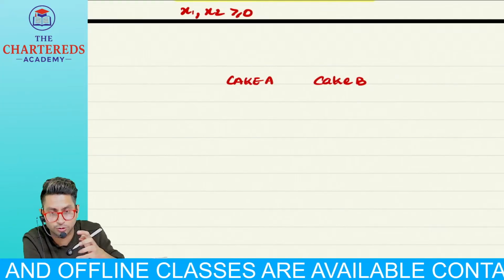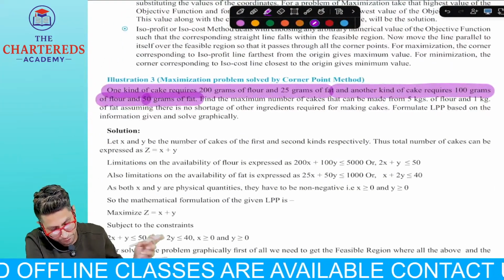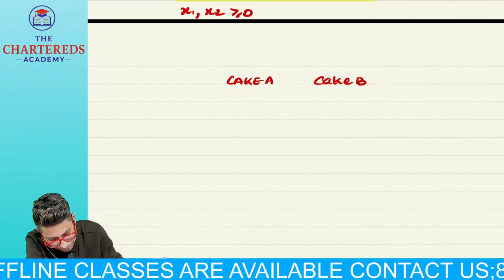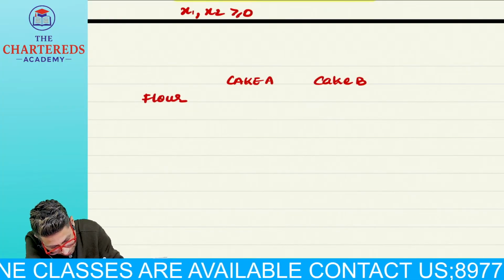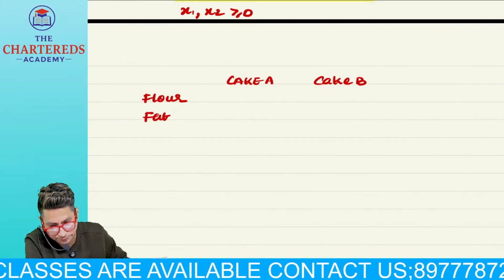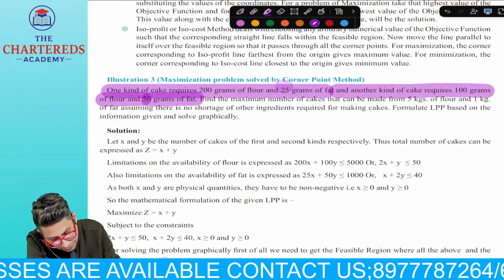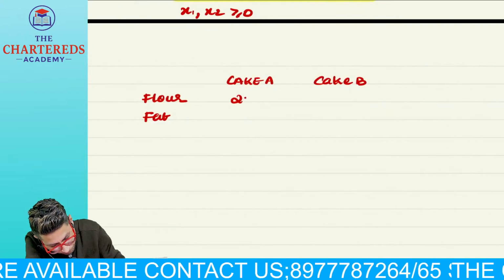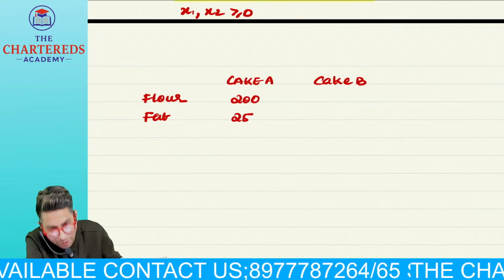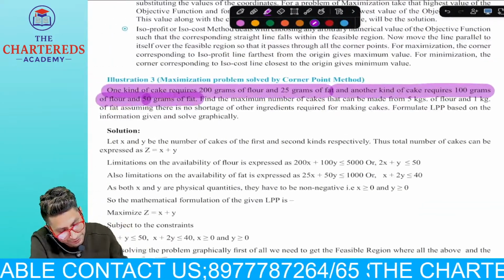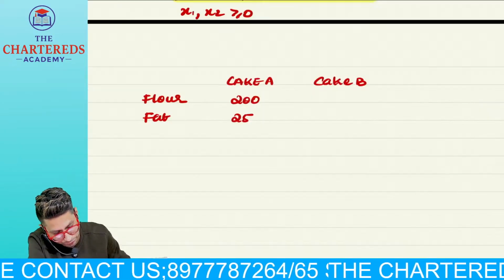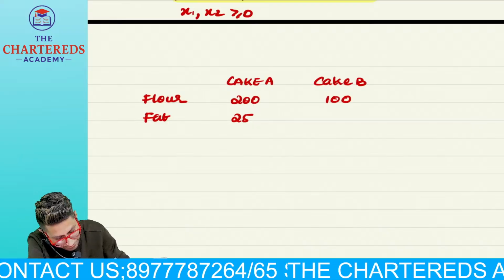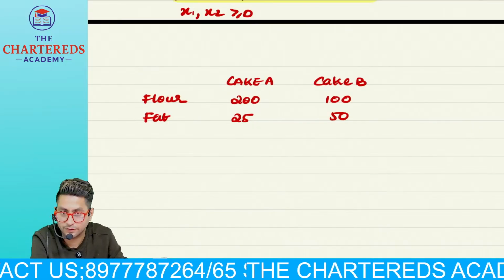Now what are the two constraints here? Flour and fat. Here, cake A needs 200 grams of flour and 25 grams of fat, and cake B requires 100 grams of flour and 50 grams of fat.